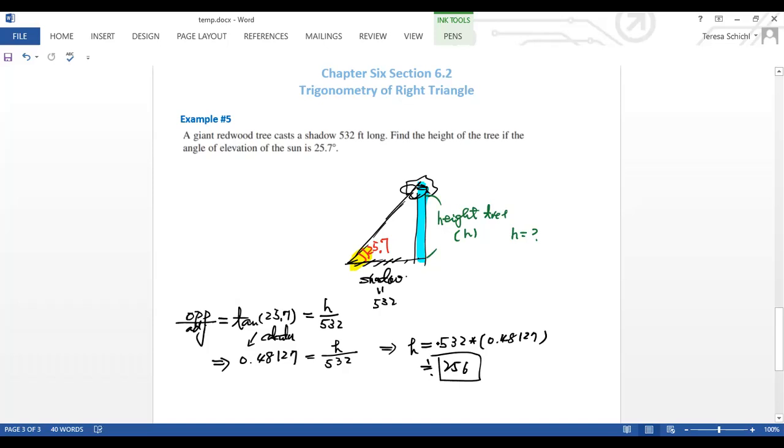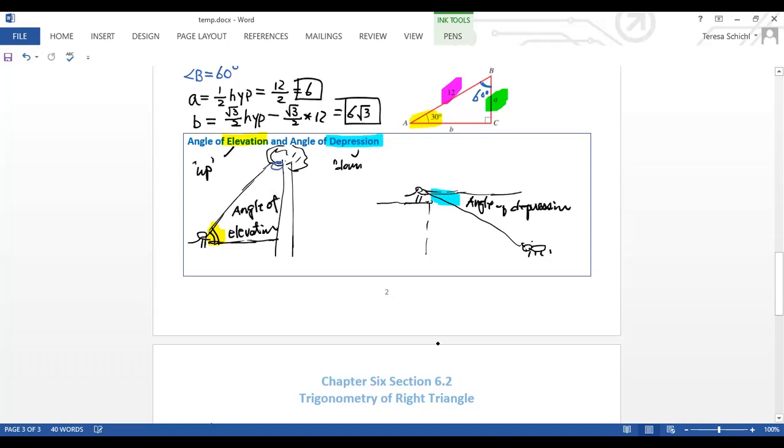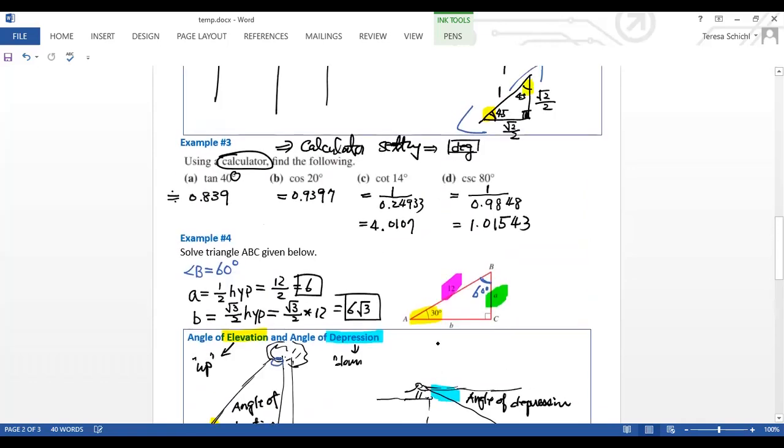So this shows the very wide applications of trig functions. In this section, we defined the trig functions of a right triangle. If you put the right triangle back in the unit circle, it's the same definition, just with a hypotenuse of 1, similar to what we did in chapter 5.